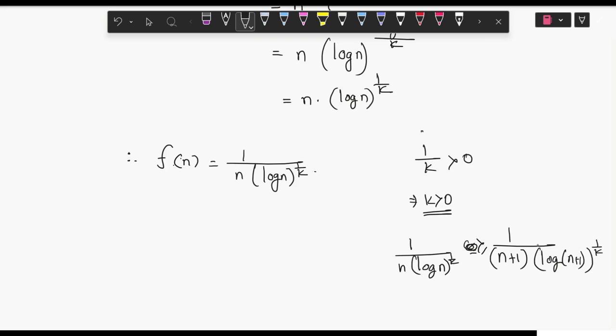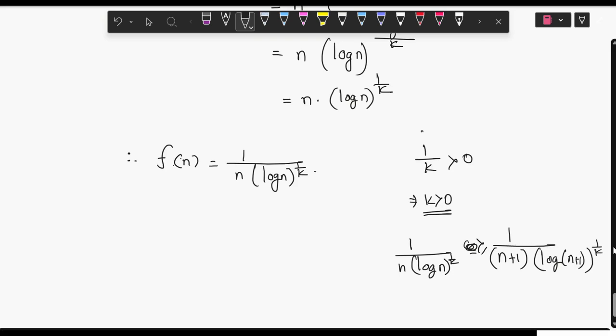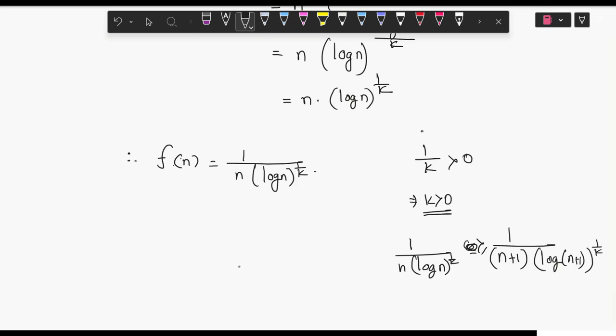It's very easy, as log n is an increasing function as well as n is an increasing function. So 1 by this is always a decreasing function.